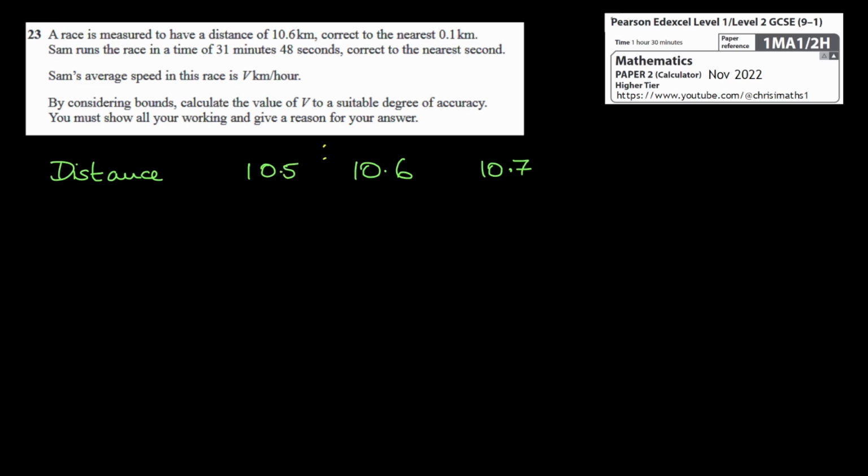The barriers between our choices will be halfway in between, because anything above the barrier would be sucked into 10.6 and anything below the barrier would be sucked back down to 10.5. So this is the lower bound, and this is equal to 10.55. And the upper bound, which is here, is equal to 10.65.